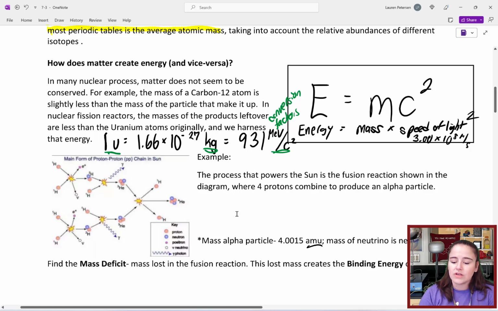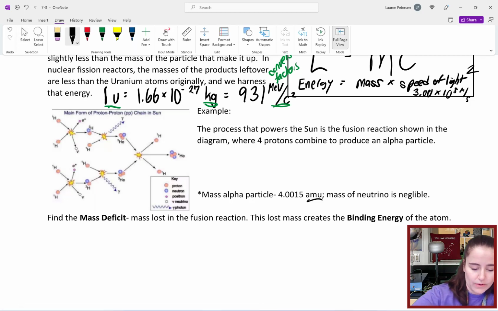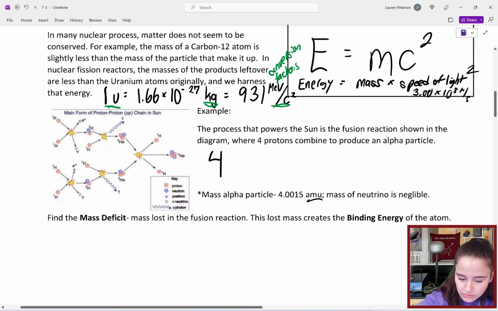So the best example of this happening is in the sun. In the sun, there is a proton-proton chain reaction, and the general reaction is that we have 4 protons.